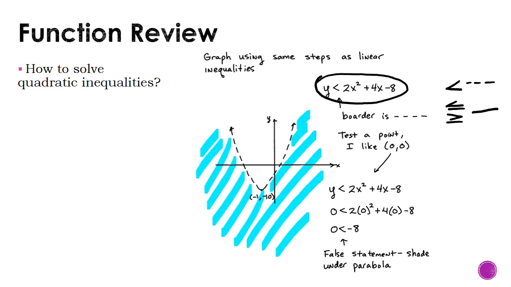I always use a test point. So here they use the test point of 0, 0. When they plugged in 0, they got 0 is less than negative 8. That is not a true statement. Therefore, I don't want to shade 0, 0. I want to shade the opposite of 0, 0. These inequality graphs with shading can occur with quadratics and linear equations, which would take us back to some Algebra 1 review.